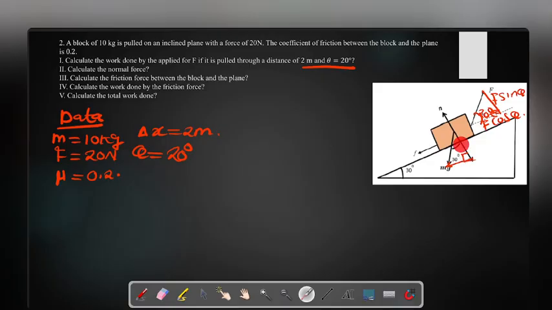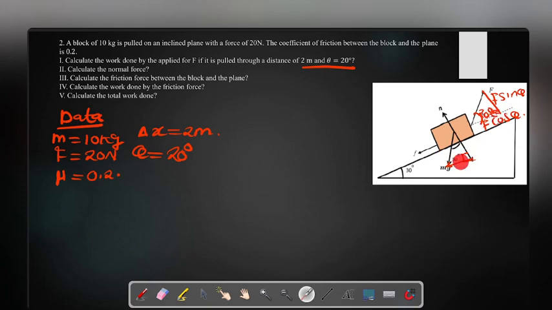Now remember, always the adjacent becomes cos. So this is the adjacent that we have, this is cos. Where the force is being applied here, you can see that this is our adjacent. You have the angle theta here, and also 90 degrees there. So this side is what we call the adjacent.